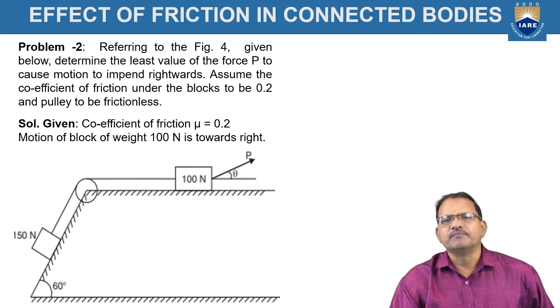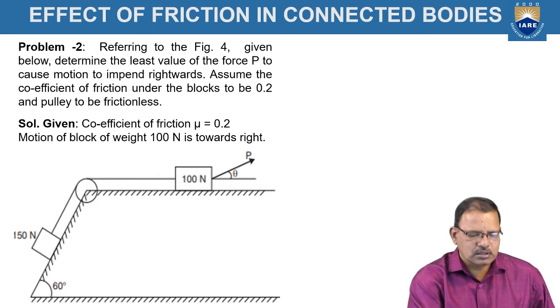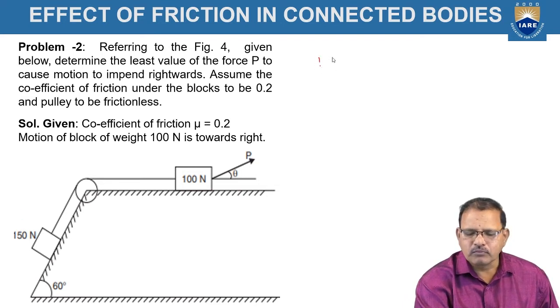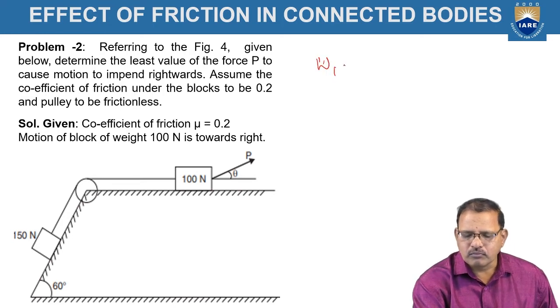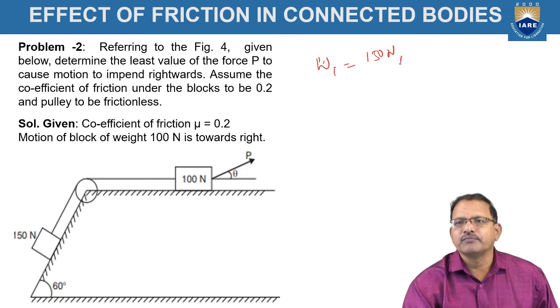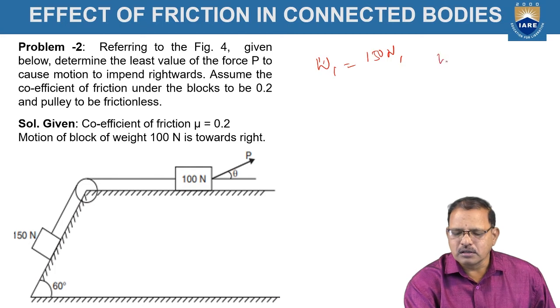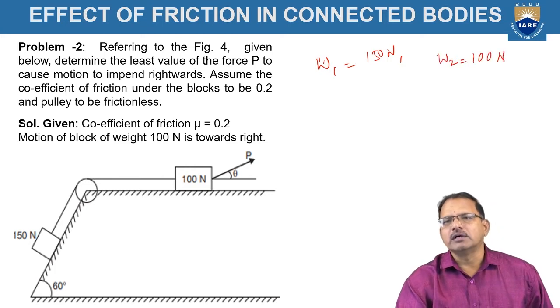For this system, we take the weights of the bodies: W1 is equal to 150 newtons, and the second one, W2, is 100 newtons.